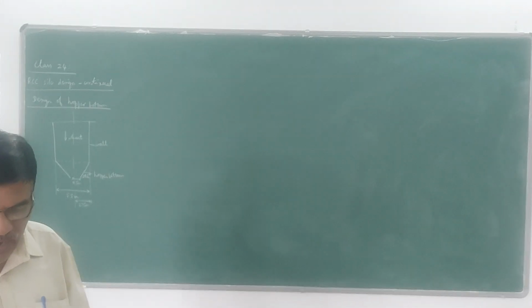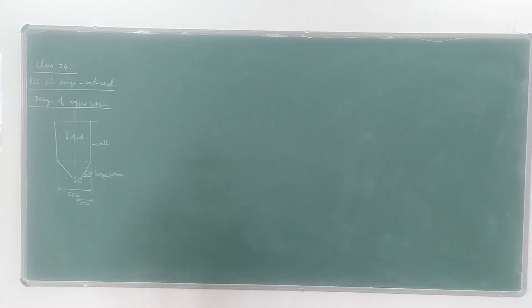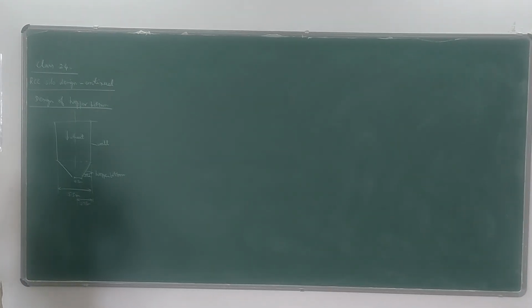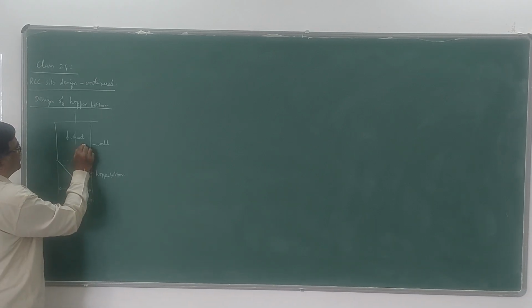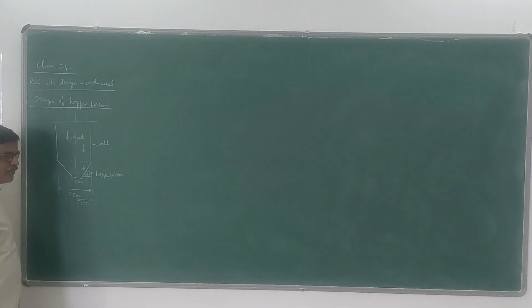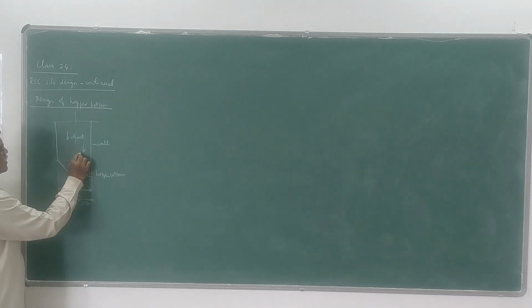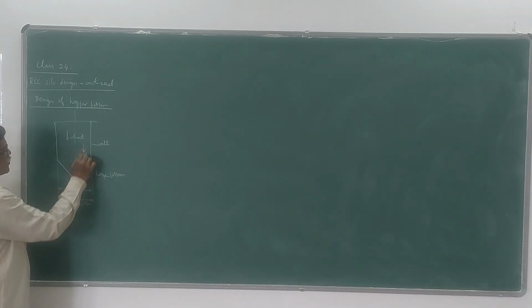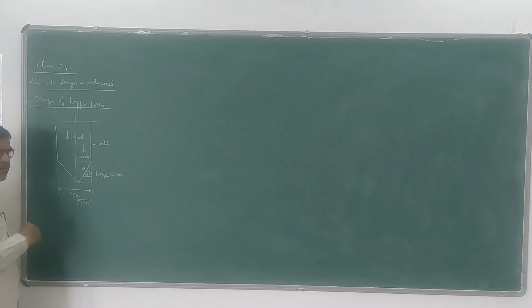For that we have to calculate the loads coming on this upper bottom portion. The load comes from the cylindrical portion as well as the conical portion. You have to calculate the loads coming from these two portions, and to that we have to add the self weight of the upper bottom also.